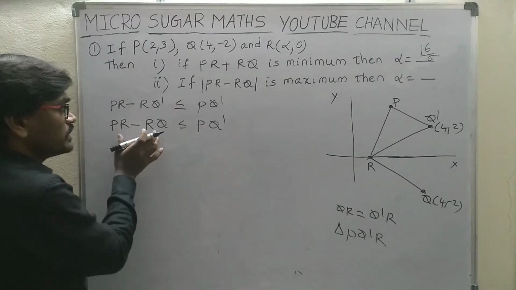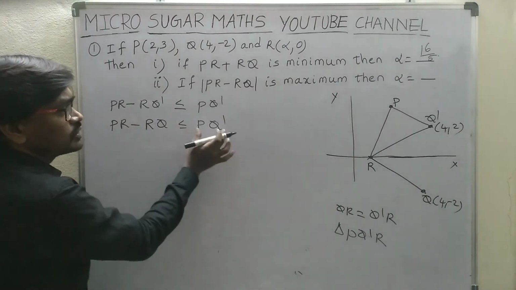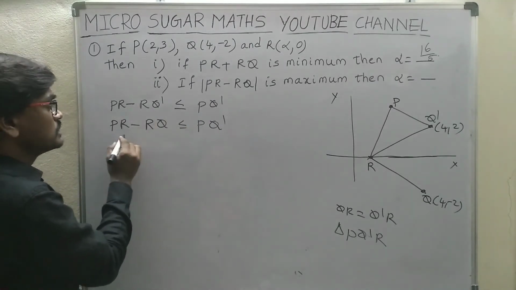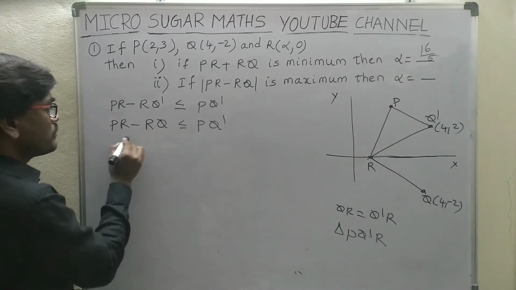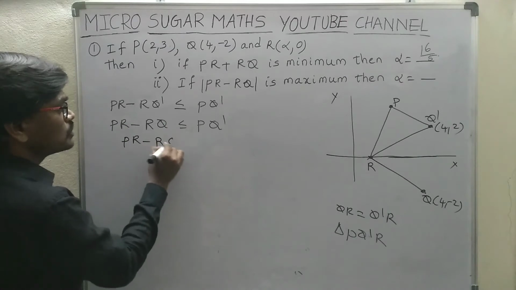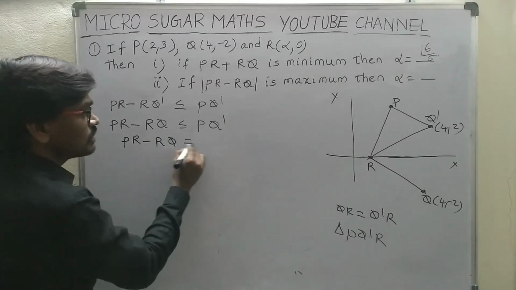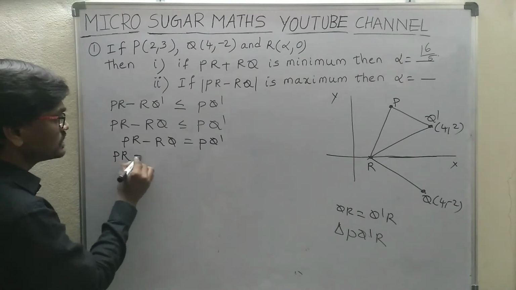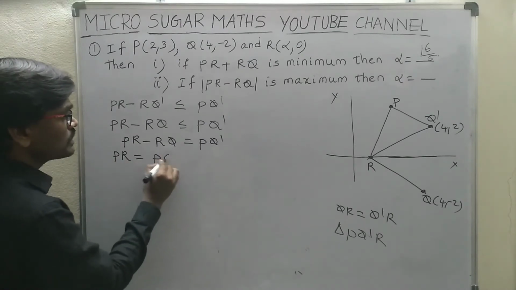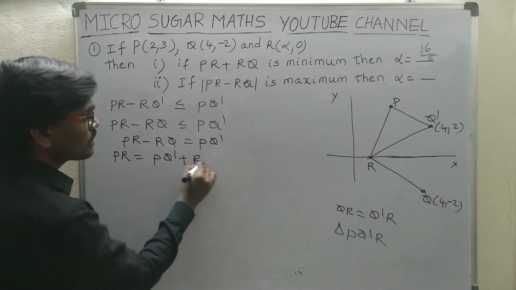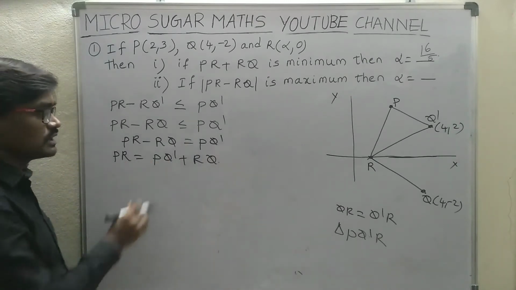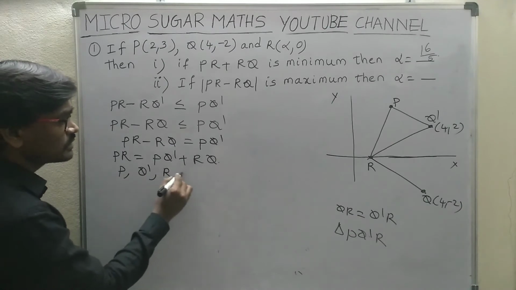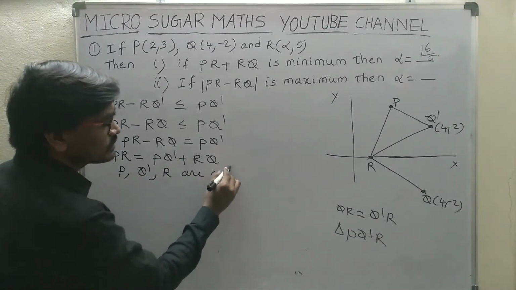When a function is less than or equal to a number, its maximum value is equal to that number. So the maximum of PR minus RQ dash is equal to PQ dash. Now PR is equal to PQ dash plus RQ dash. That means P point, Q dash point and R point are collinear.